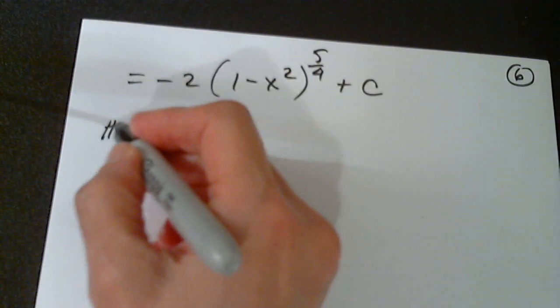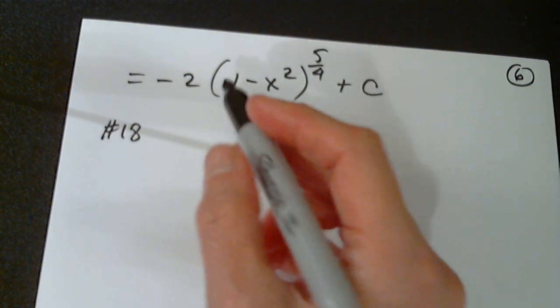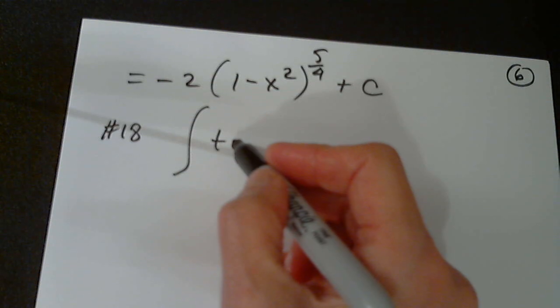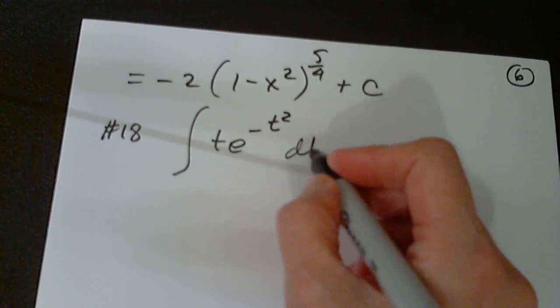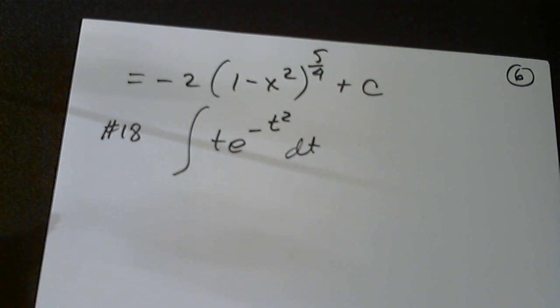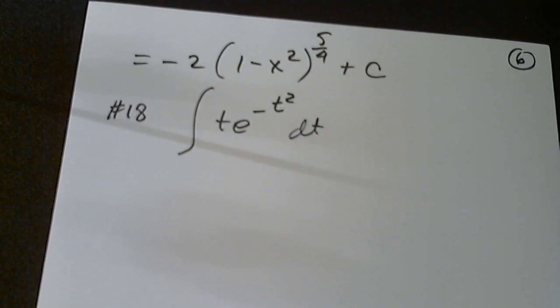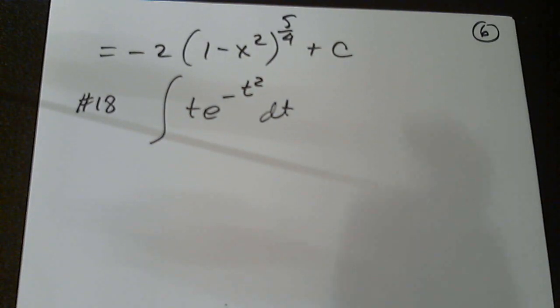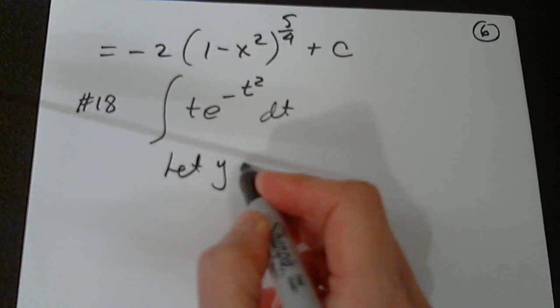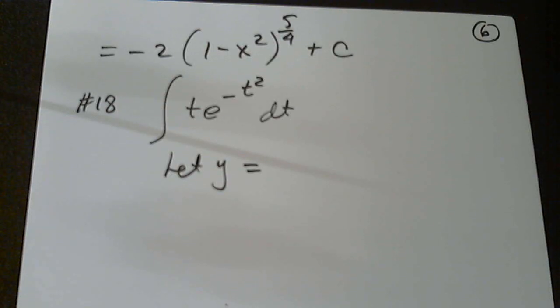Good. 18, so the integral of t times e raised to negative t squared dt. By now I think you're getting the hang of this. So let y be, what do you think?